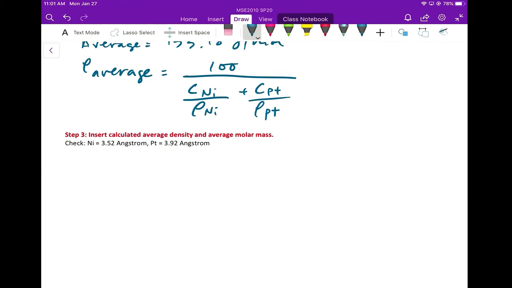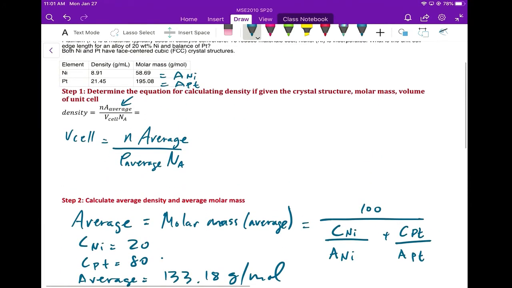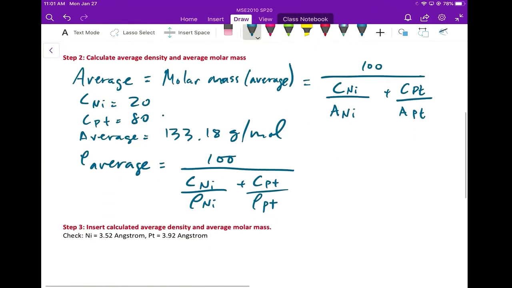C Pt is 80. You're given the densities of nickel and platinum. So here, I'm going to scroll. So this is just the rho of nickel, and this is just the rho of platinum. Okay.